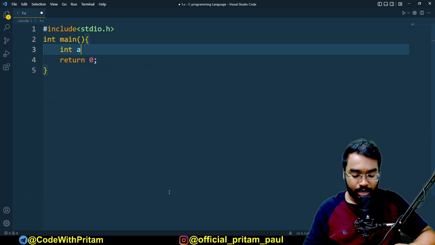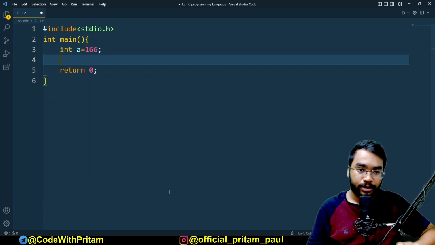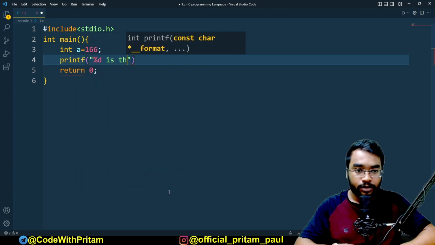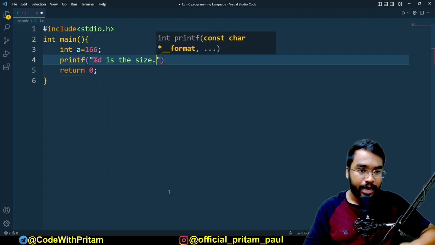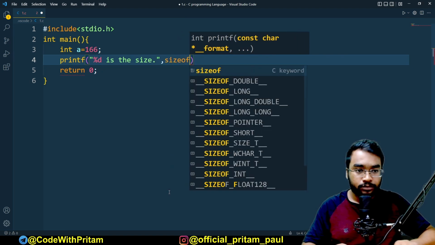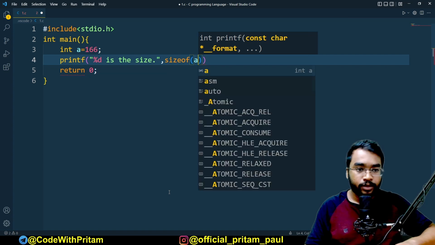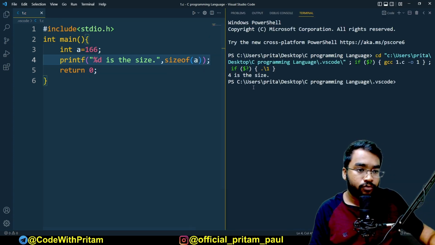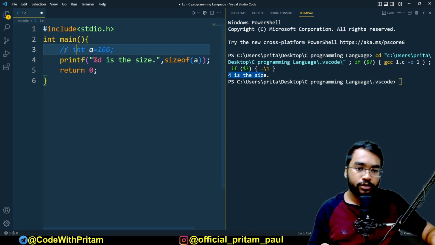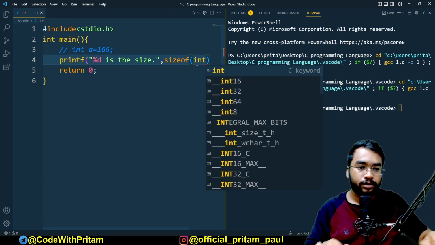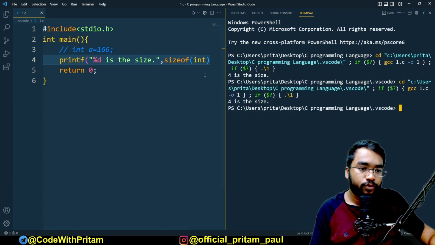So for example, int a equal to 166, and if I write printf %d is the size, then comma, and sizeof a, you can see 4 is the size. Now if I do not use this line and write only int, then you can see 4 is the size.